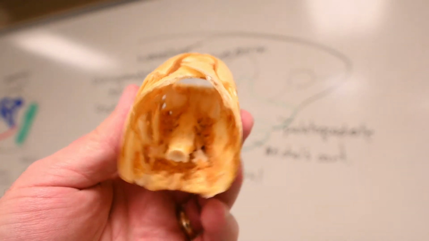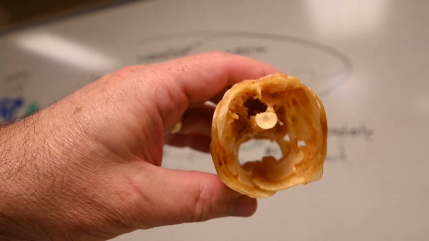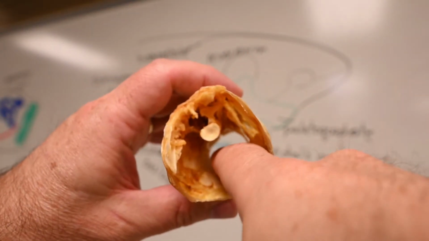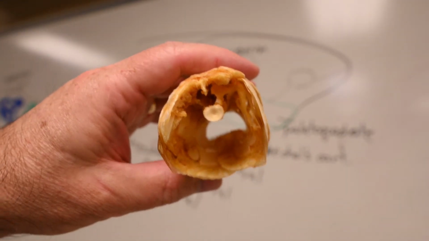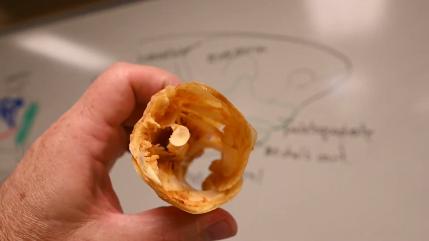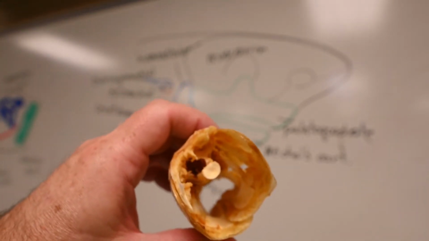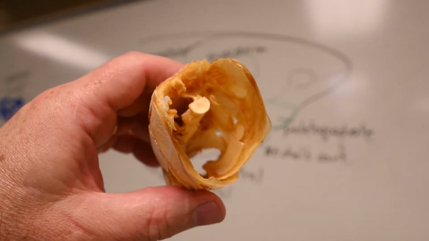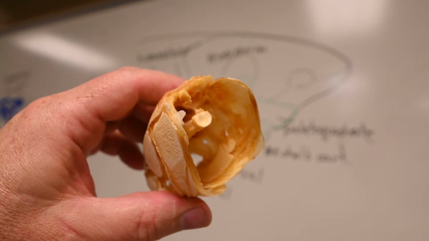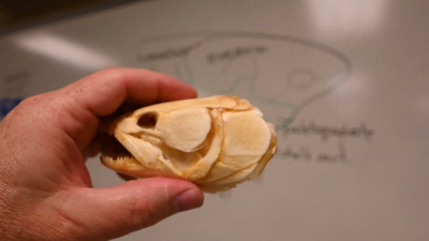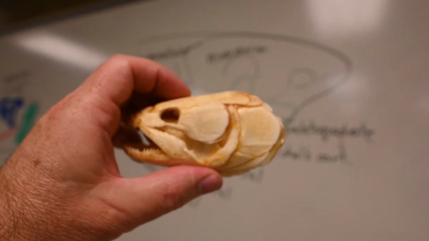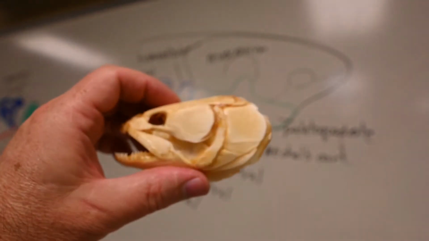And there will be some visceral skeleton supporting the inside of the hyoid arrangement in there, but not very much. The gills have been removed, so we're not going to see that support system in there. But anyway, the rest of this out here, this is all dermal bone on the outside.